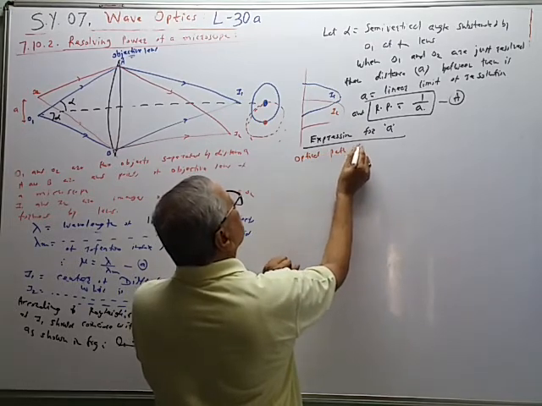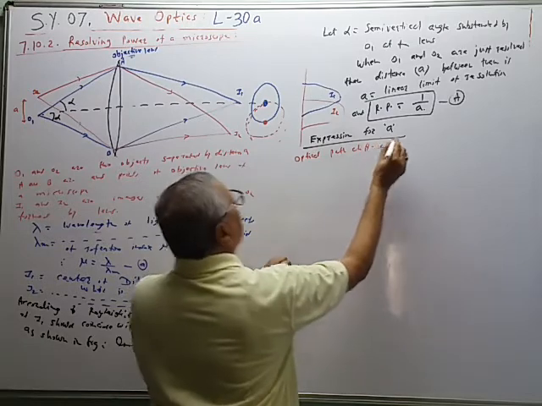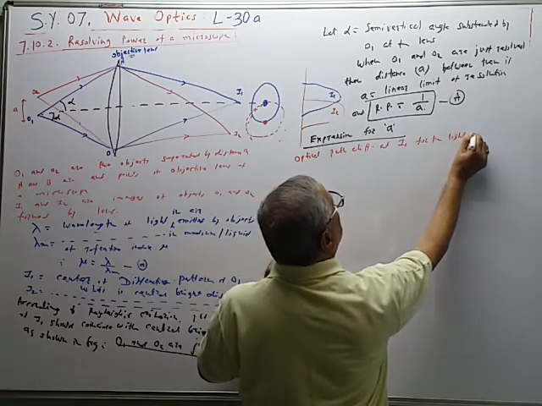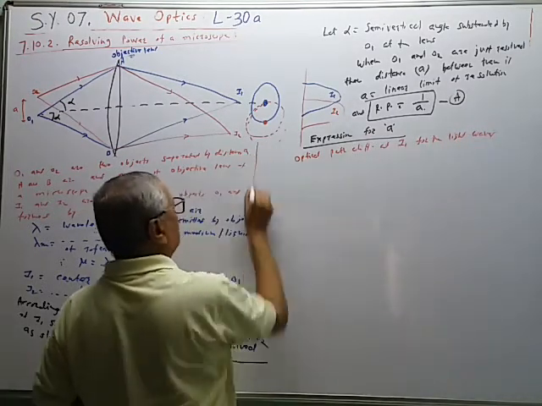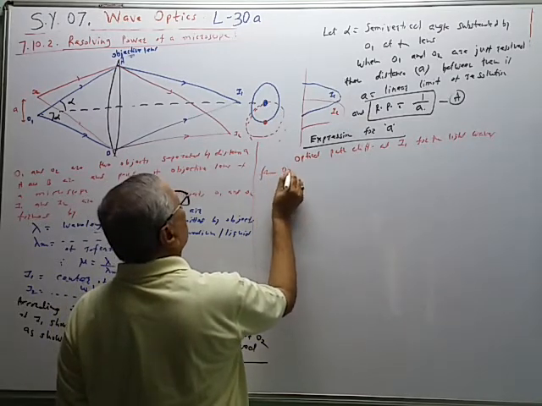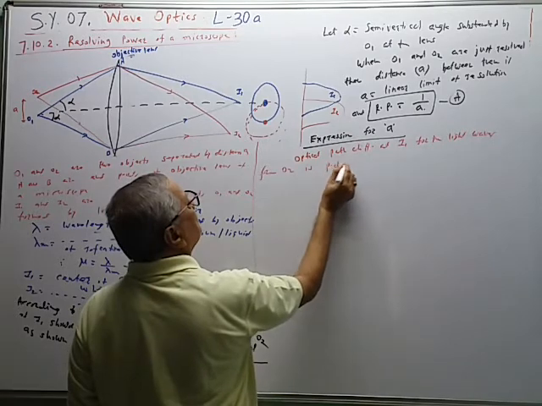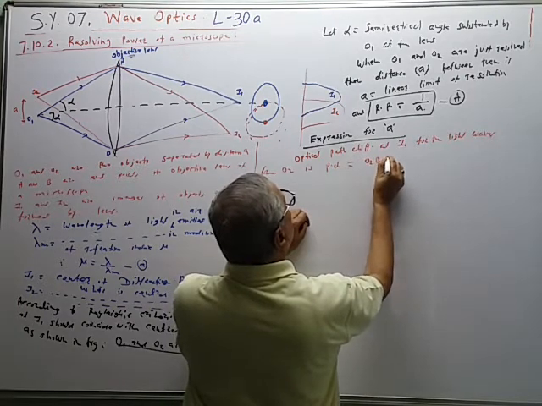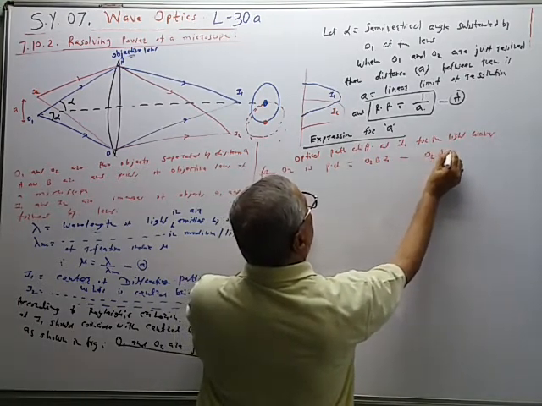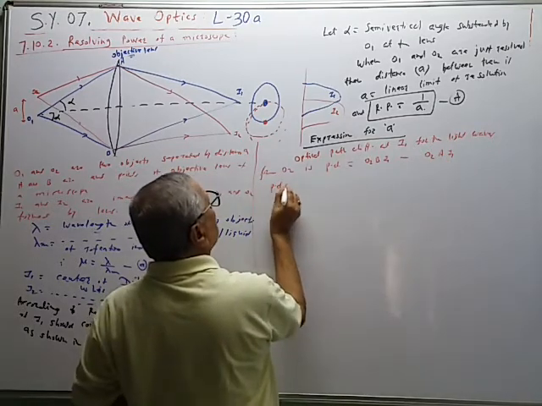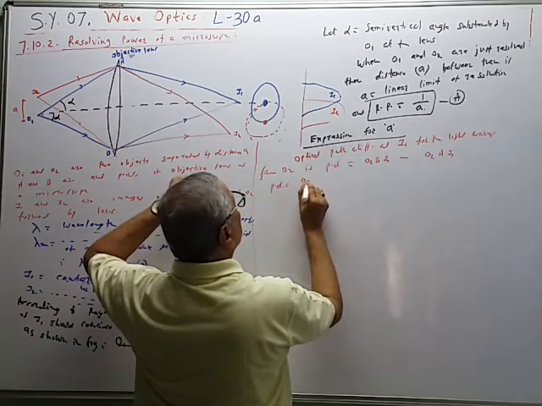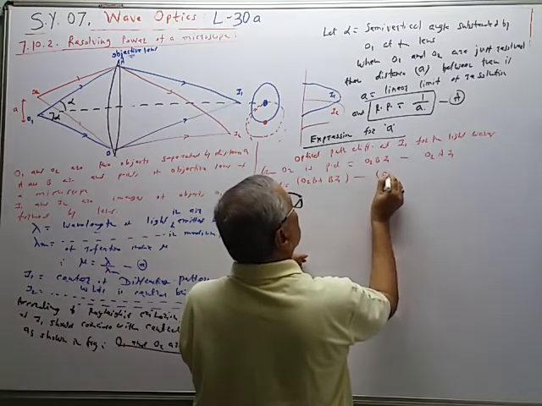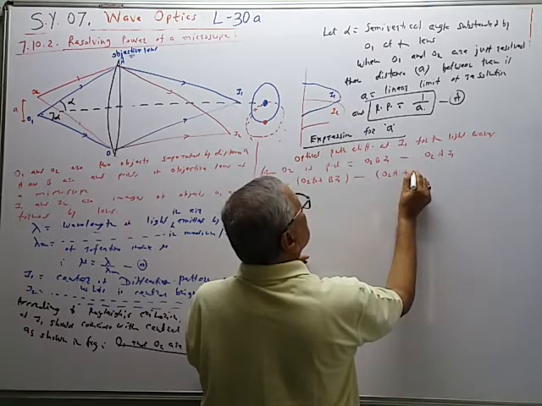Optical path difference at I1 of the light waves from O2 is: path difference is equal to O2 B I1 minus O2 A I1, and therefore path difference is equal to O2 B plus B I1 minus O2 A plus A I1.